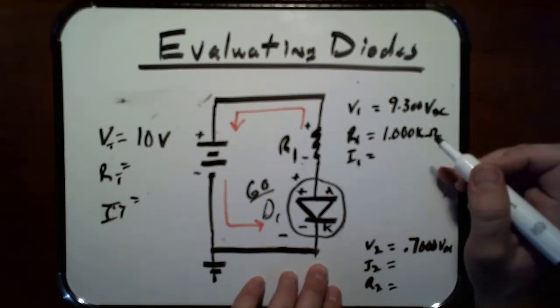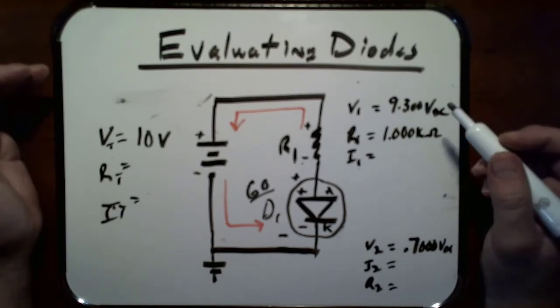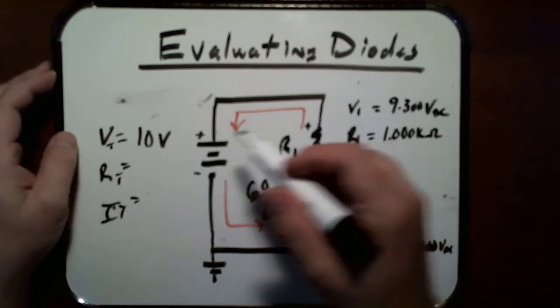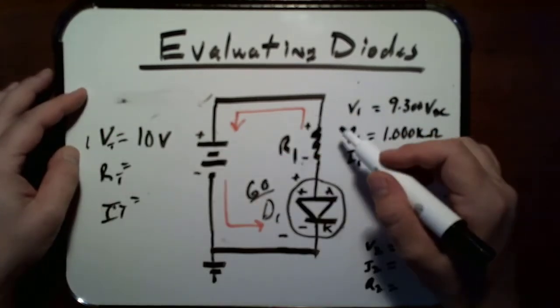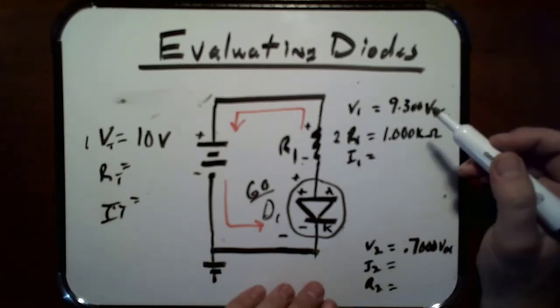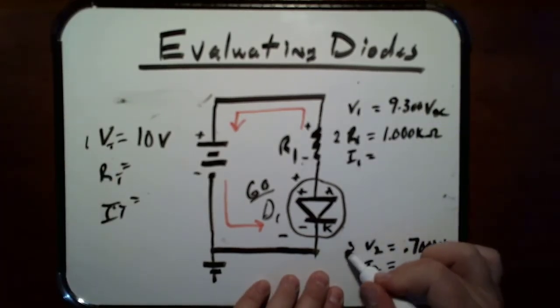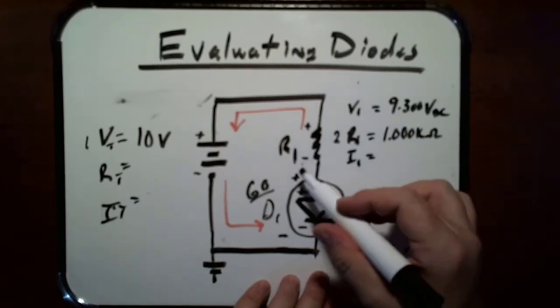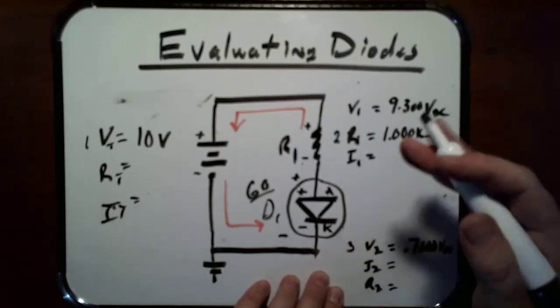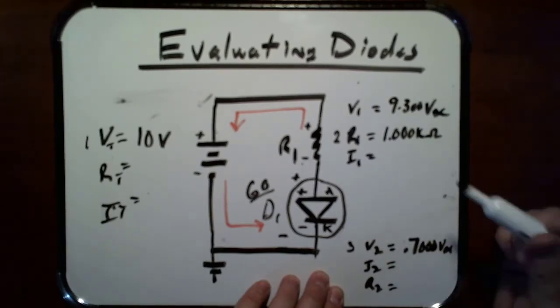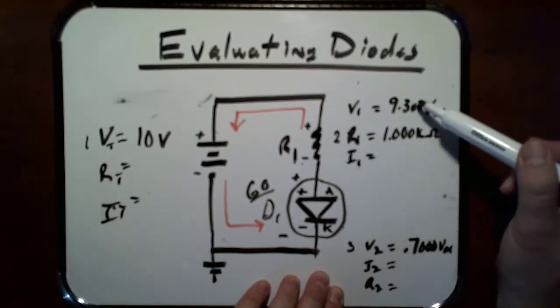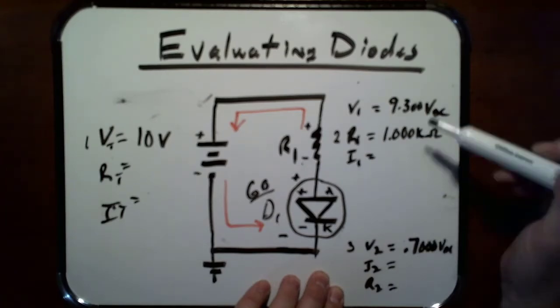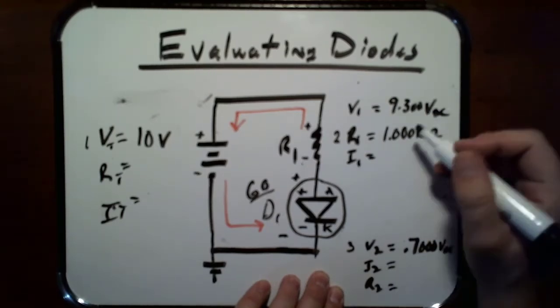If I was given first volts, second resistance, the third thing that I discovered was that my voltage over here was 0.7 because it had its polarities and was able to turn on. Then my resistor has 9.3 volts because that's what's left in this scenario.